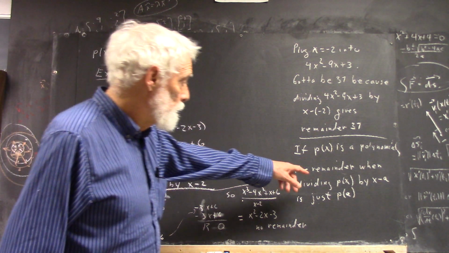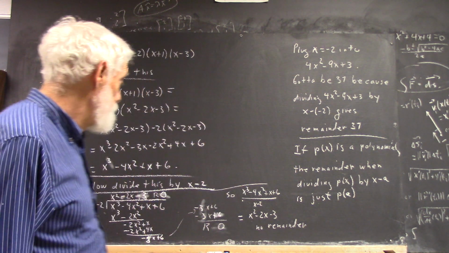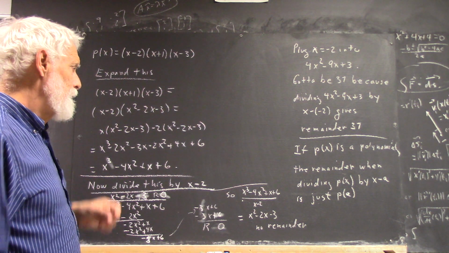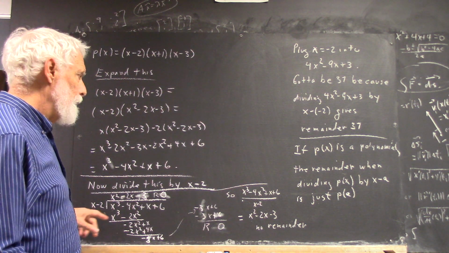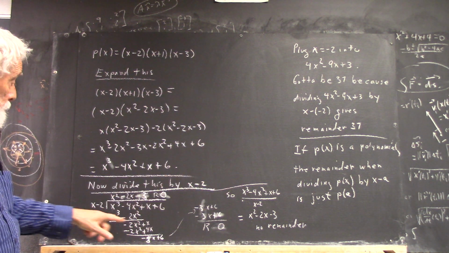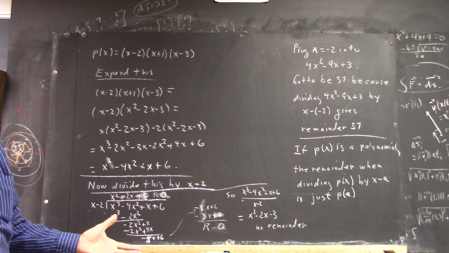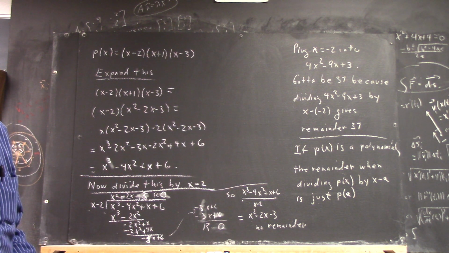Now, according to what I wrote here, this says I've divided by x minus what? X minus 2 is x minus what? 2. Okay?